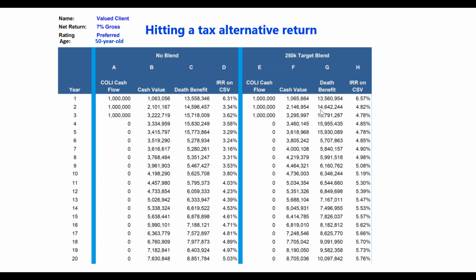But if we blended that down to be like a 75-25% kind of blend, you're still getting a target at $250,000 on the sale. But our internal rate of return is increased by over 100 basis points in some of these examples kind of throughout the later years.